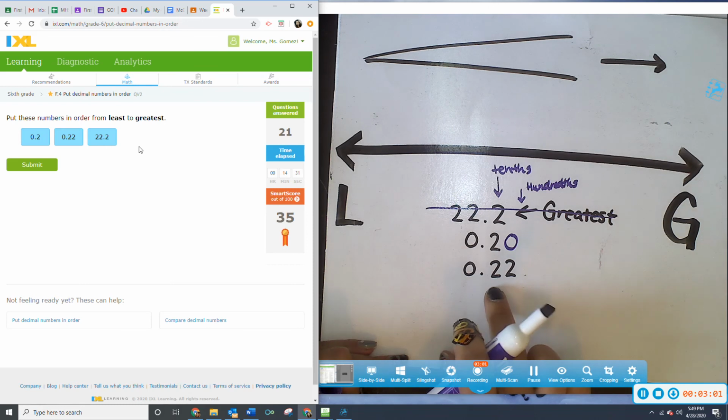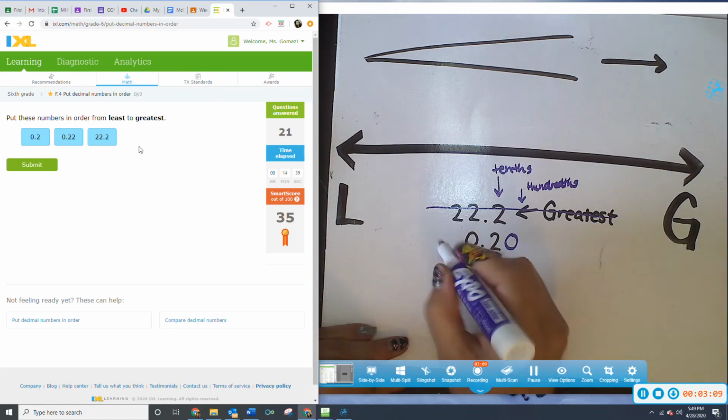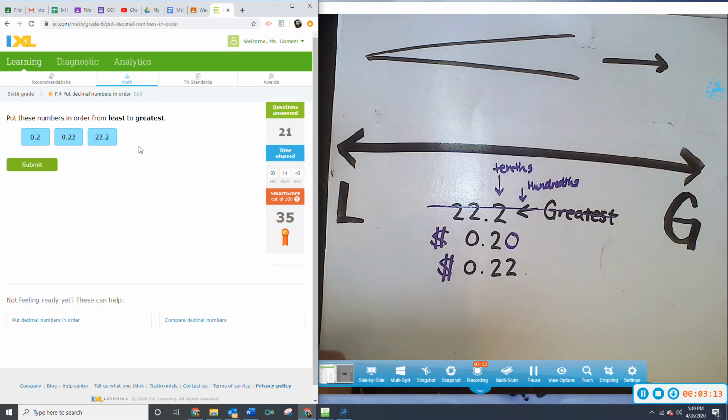Just like this one is also 2 times 10, which is 20, but it has 2 along with it, so this is 22. If you were to think of this as money, that is $0.20 and $0.22. Obviously, the $0.20 would be the least, followed by $0.22, then $22.20. Let's submit it.